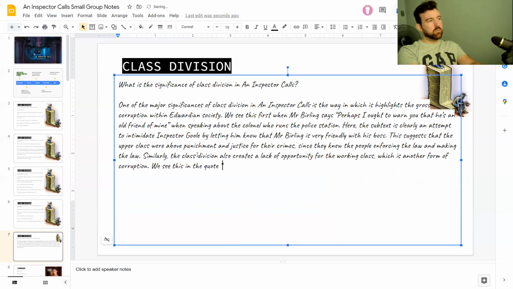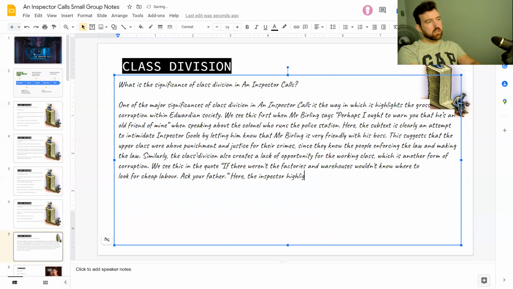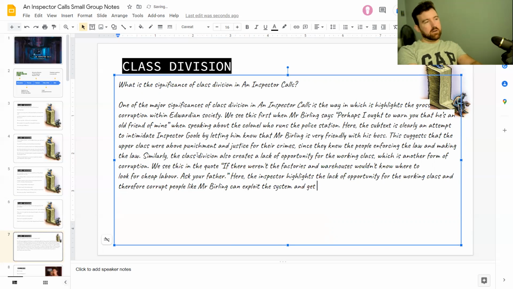We see this in the quote, "If there weren't the factories and warehouses, wouldn't know where to look for cheap labor. Ask your father." Here the inspector highlights the lack of opportunity for the working class, and therefore corrupt people like Mr. Birling can exploit the system and get a lot of cheap labor, since the working class would have been desperate even for enough money for food.